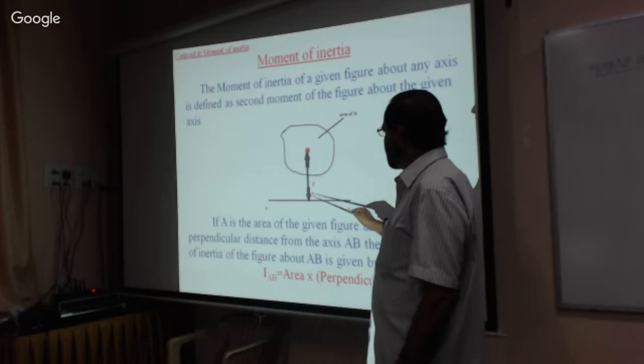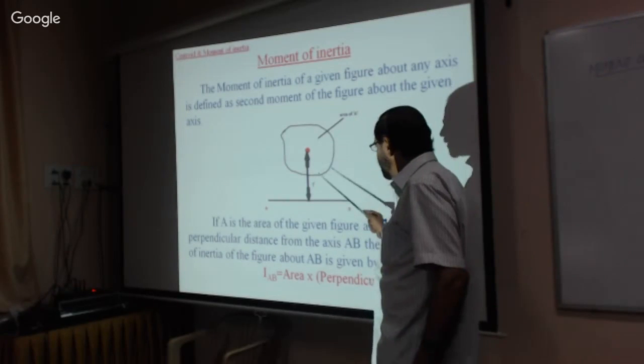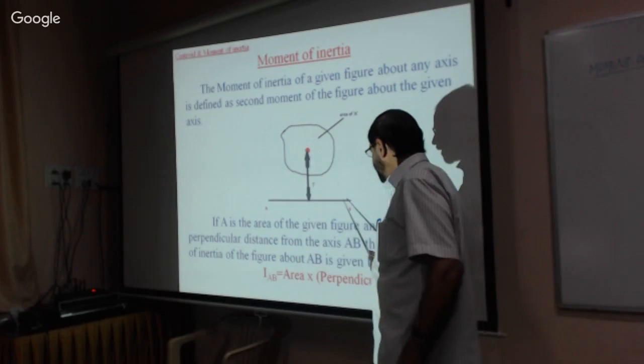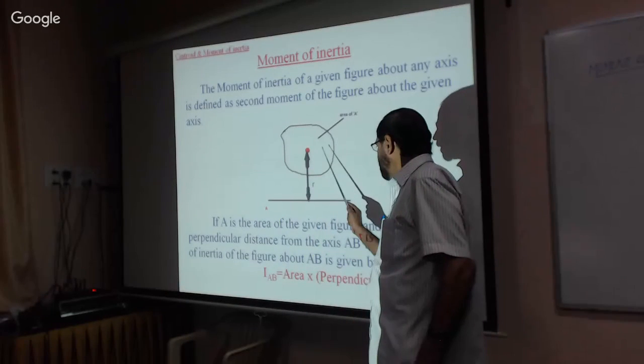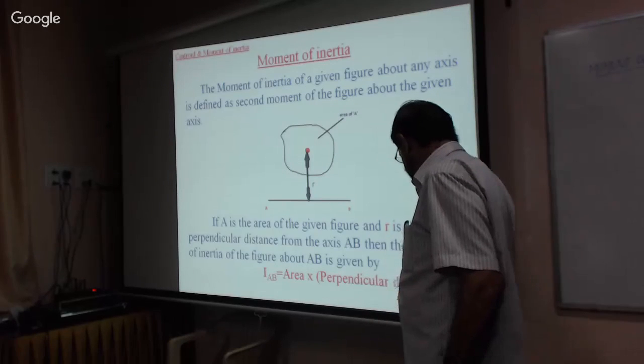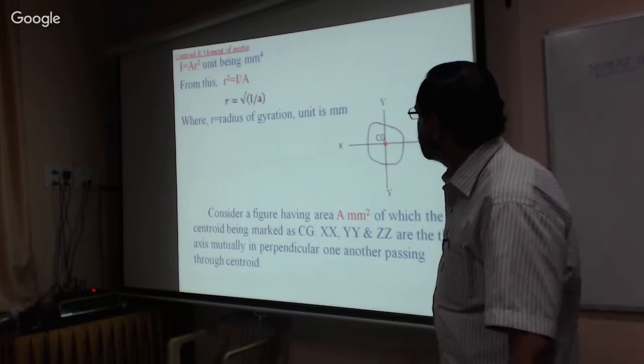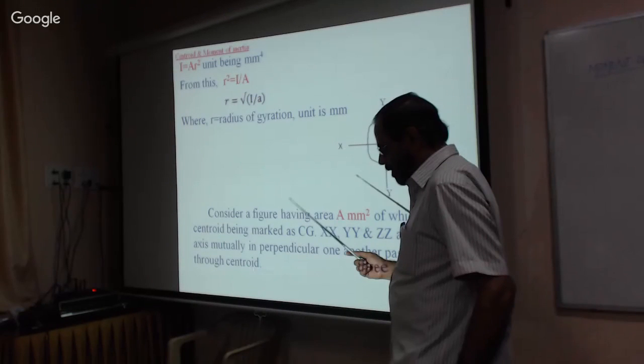This is the secondary moment. So the moment of inertia of this plane figure about AB is equal to area into perpendicular distance square, isn't it?